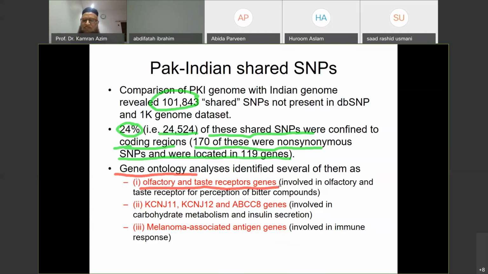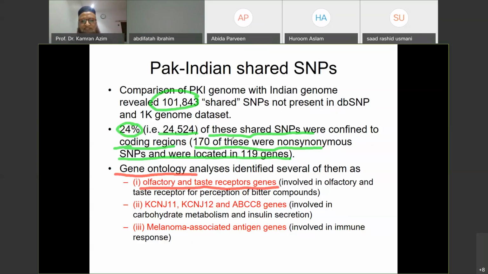So this is very interesting for people living in the Indian subcontinent, or South Asia, because people are very much used to eating bitter compounds in spices and other food material.